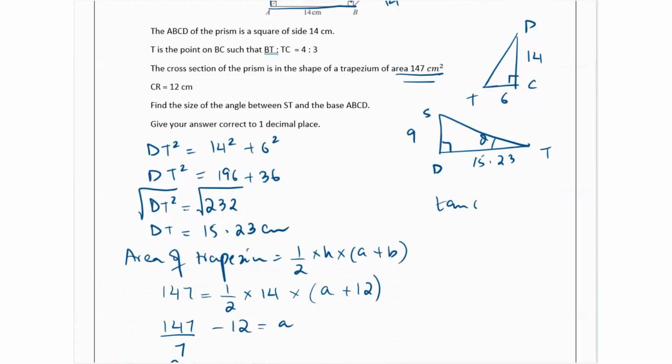So tan theta equals to 9 over 15.23. Tan inverse of 9 over 15.23. That gives us 30.6 degrees, correct to one decimal place. This is the angle that the length ST makes with the base ABCD.